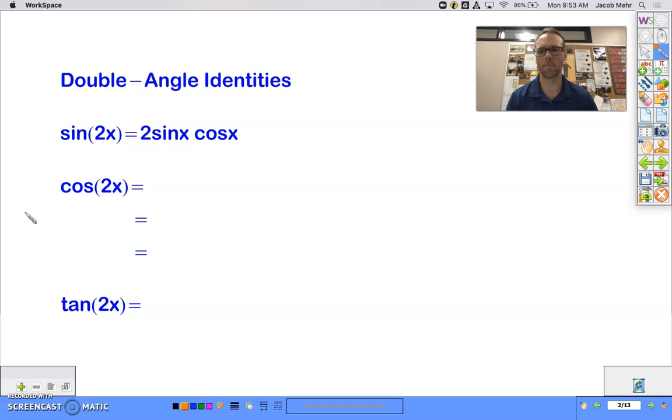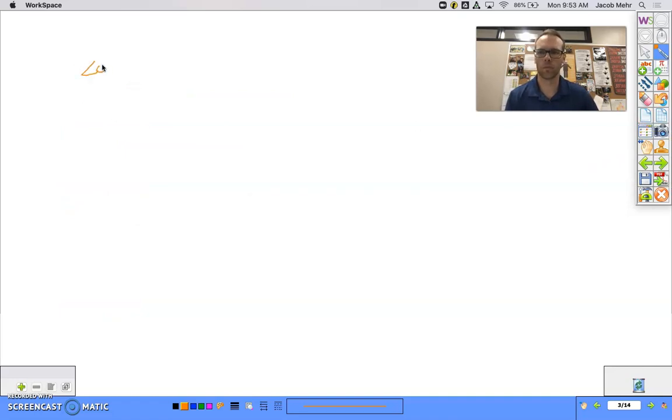All right, okay. Let's take a look at the cosine of 2x together. So the cosine of 2x would be the cosine of x plus x, which is, following my cosine sum identity, the cosine of x cosine of x plus, nope, we gotta switch our sign, don't we?